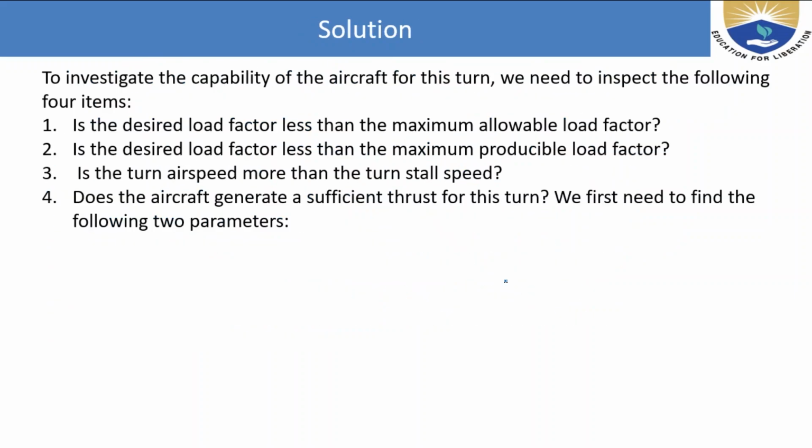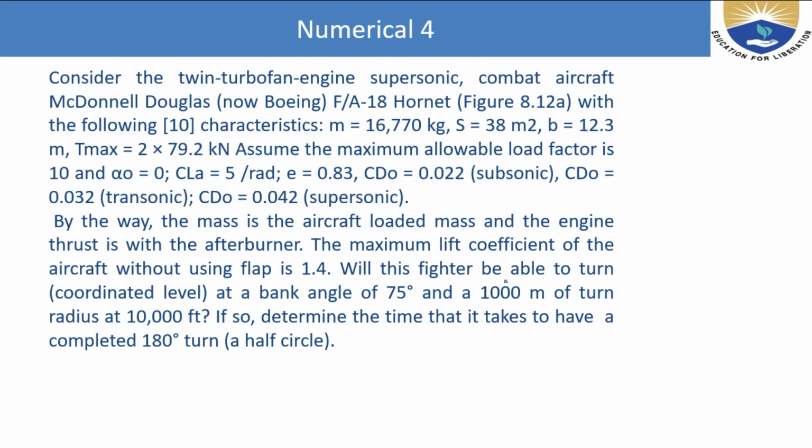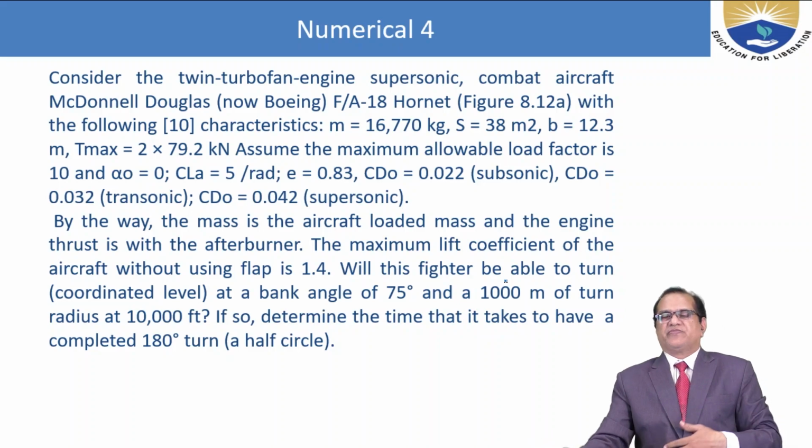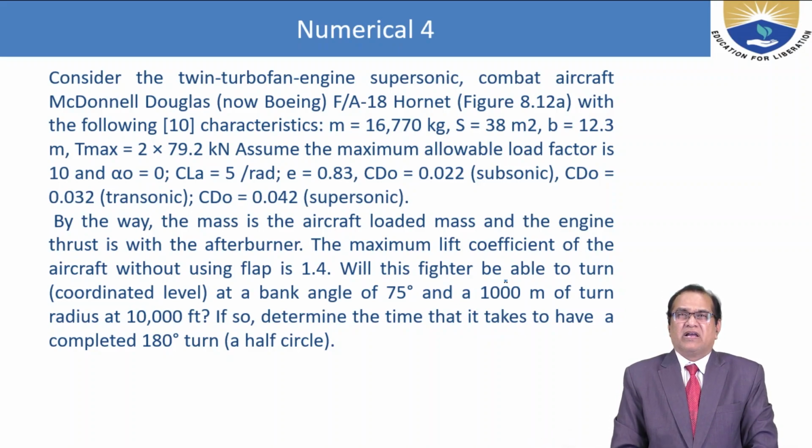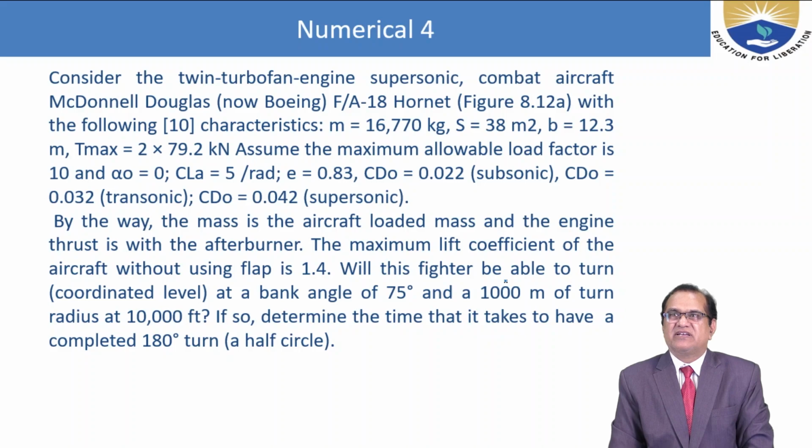So now okay, we will go for numerical number 4. So this we will see. I will be reading this problem. Consider the twin turbofan engine supersonic combat aircraft McDonnell Douglas, now Boeing, F/A-18 Hornet, with the following characteristics.